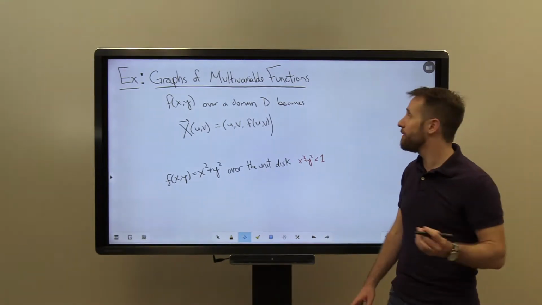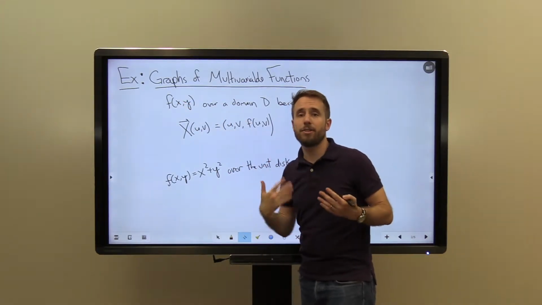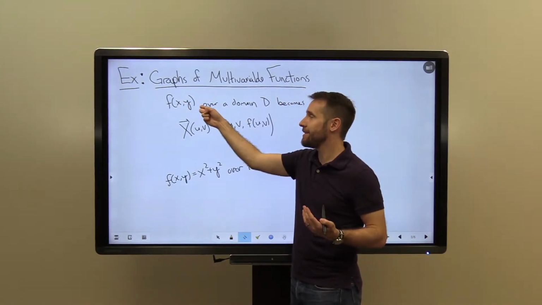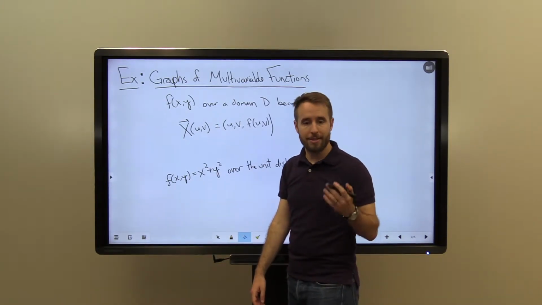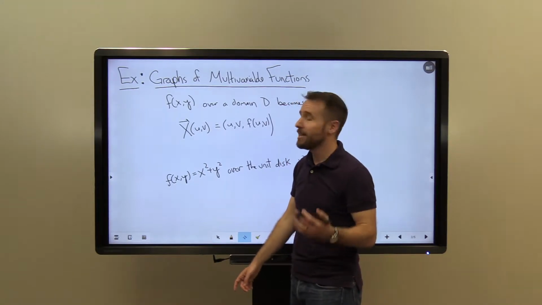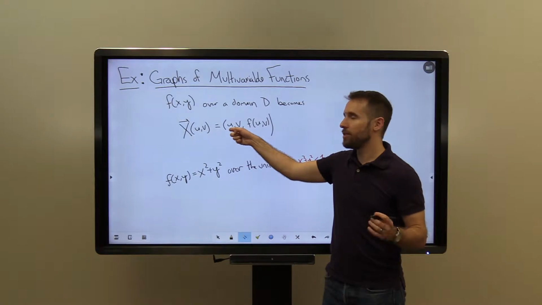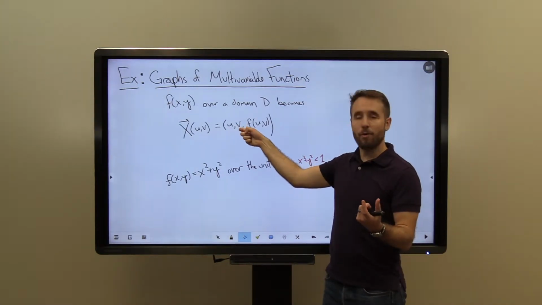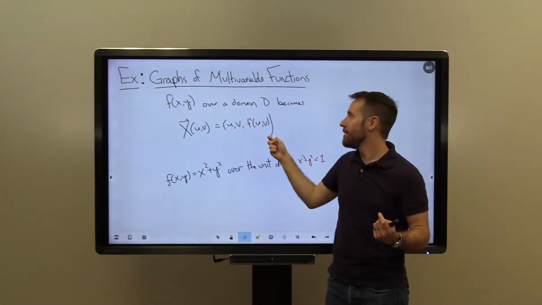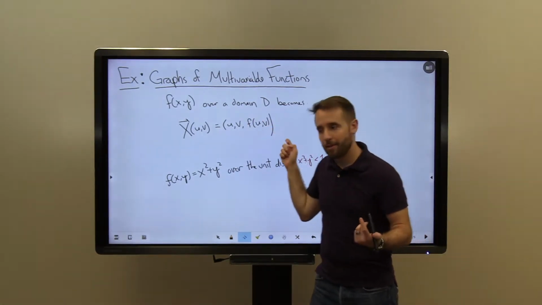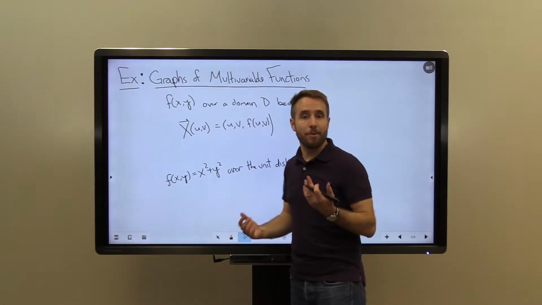A multivariate function is a function with multiple variables like f of x comma y, and if it's a function of two variables specifically, then I can write the graph of this multivariable function as a parametrized surface, in which my x-coordinate becomes my u-coordinate, my y-coordinate becomes my v-coordinate, and then the height of the function, my z-coordinate, becomes f of u comma v. This is typically how we graph multivariate functions in, say, a multivariable calculus class.